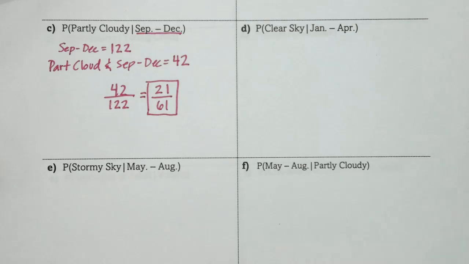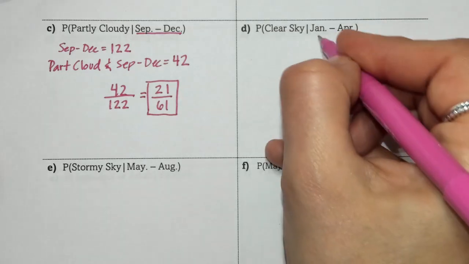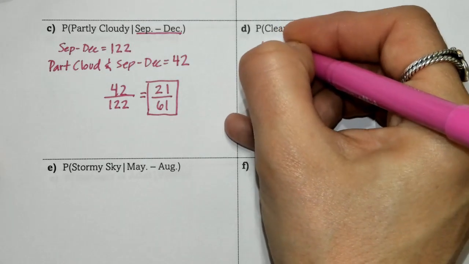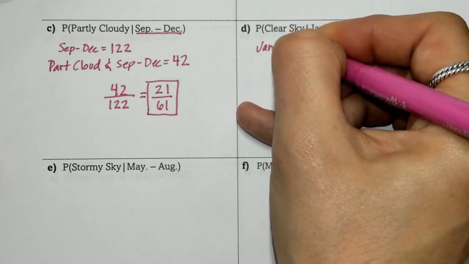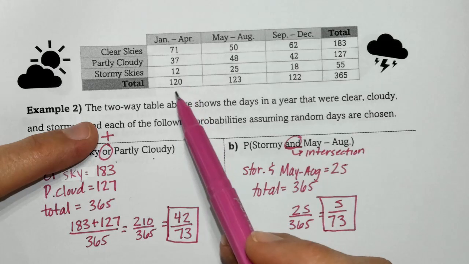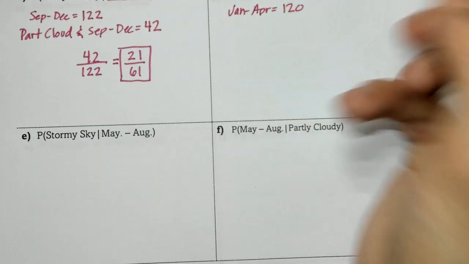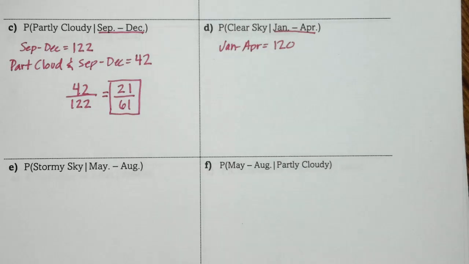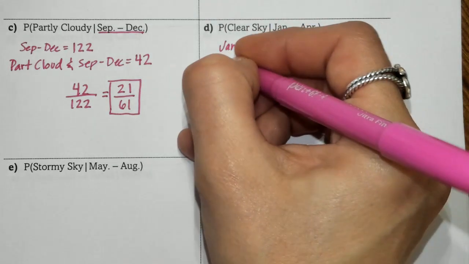Next, clear sky given it's January through April. So let's see how many days are January through April. We have a total of 120 days. Now, out of that 120, how many had clear sky?